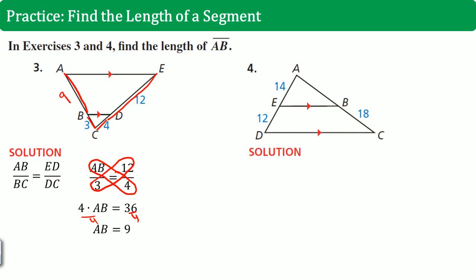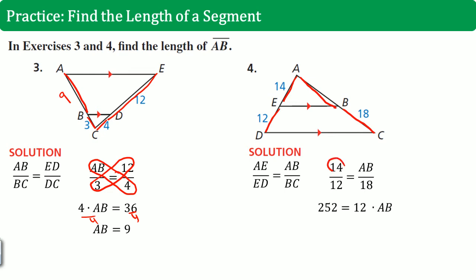Number 4. Again, here's the solution. Set up the equation. AE divided by ED is equal to AB divided by BC. Once you plug in the numbers, 14 divided by 12 is equal to AB divided by BC, which is 18.